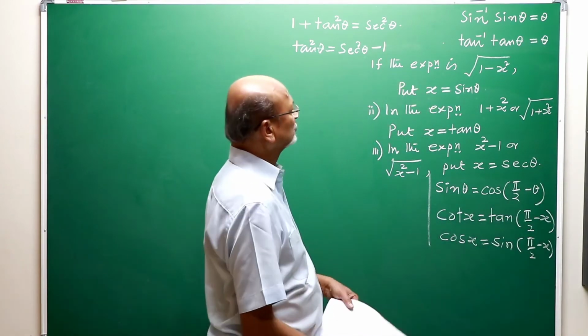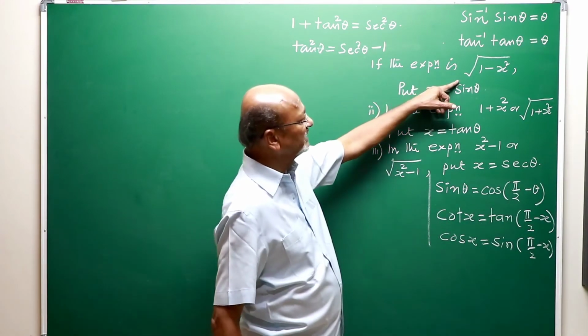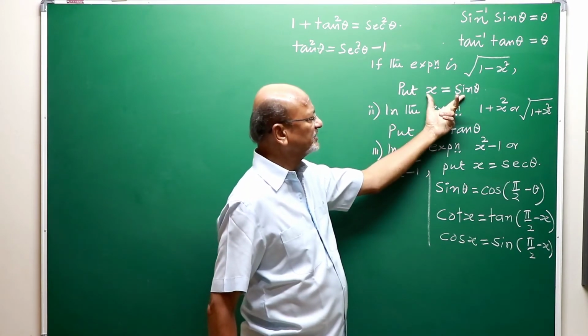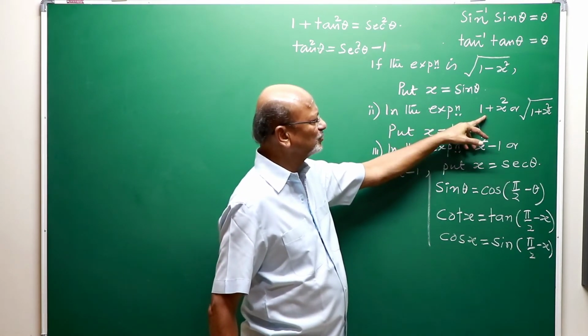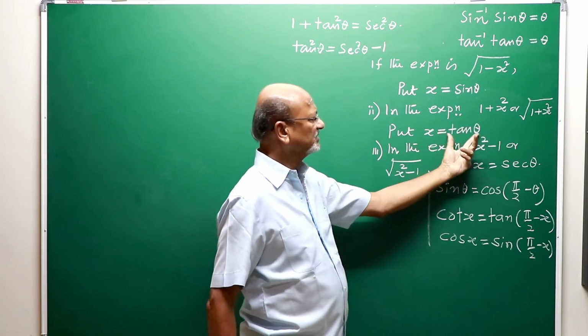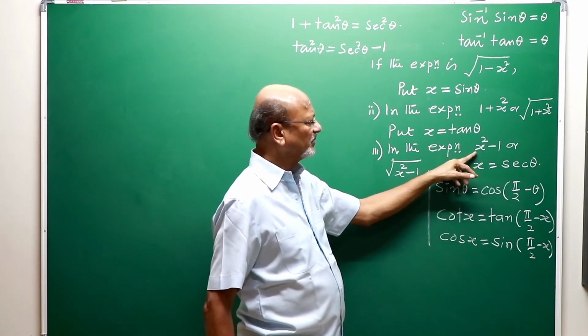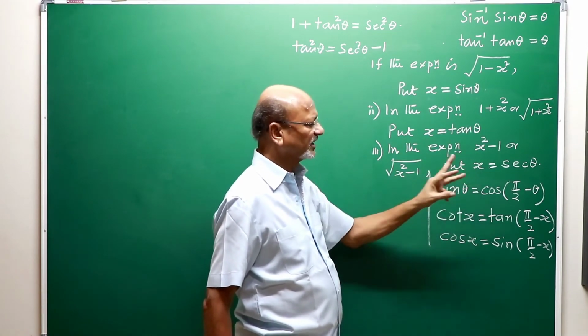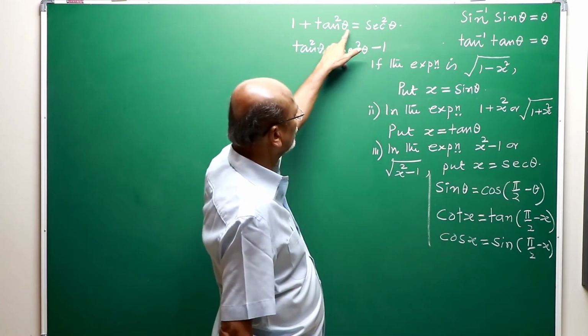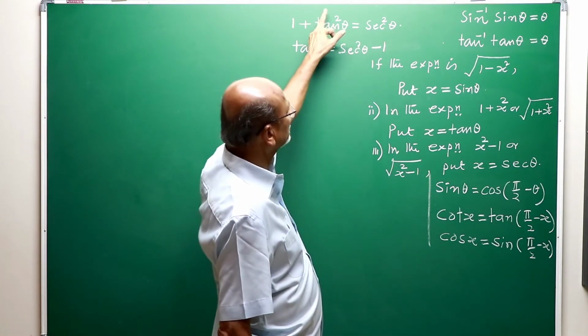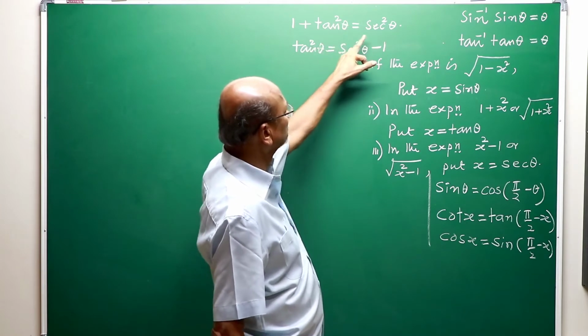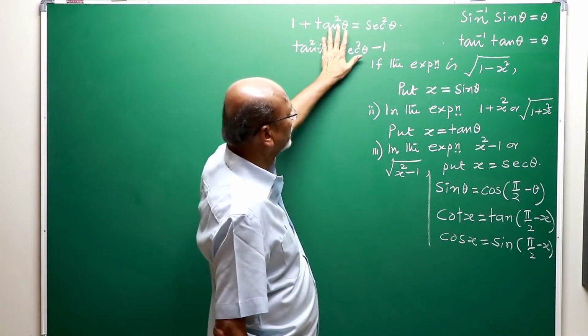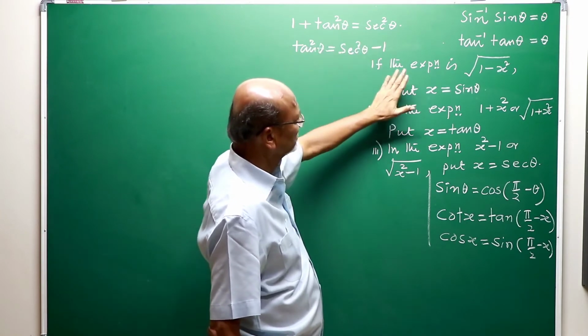So if it is 1 minus x square, the substitution is x equal to sine theta. If it is 1 plus x square, x is tan theta. If it is x square minus 1, x is sec theta. We use the identities sin square plus cos square is 1, and 1 plus tan square is sec square.